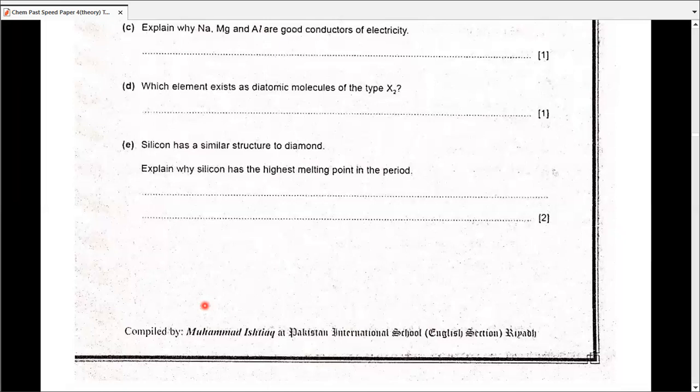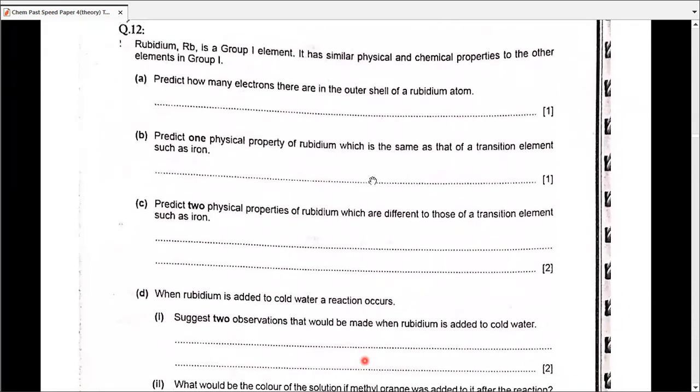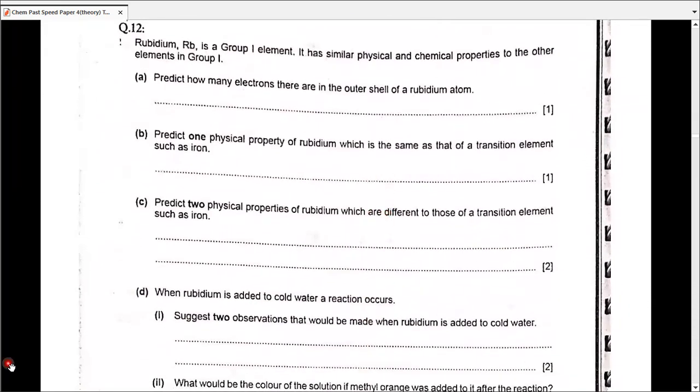I assume you're done writing, so I'm going to move forward to question number 12, page number 66. So up to which page were we supposed to complete this portion? I'll check. It was something like 74 or 76? Yes, it is 75.